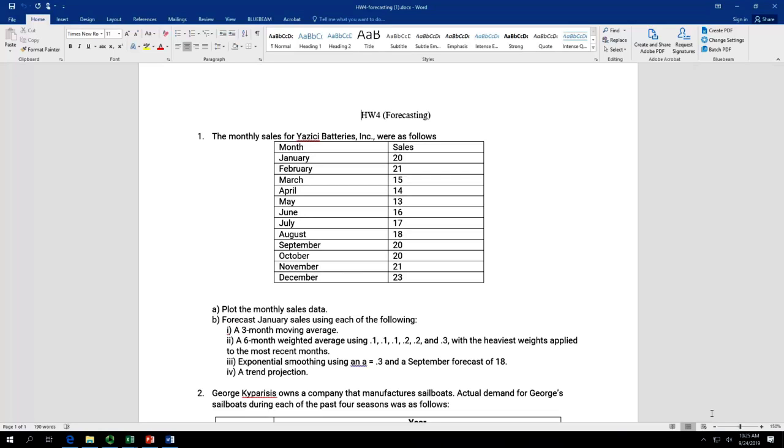And the last one is trend projection. What is a trend projection? We just learned it today, correct? You are going to generate a line, y equals a plus b times x.